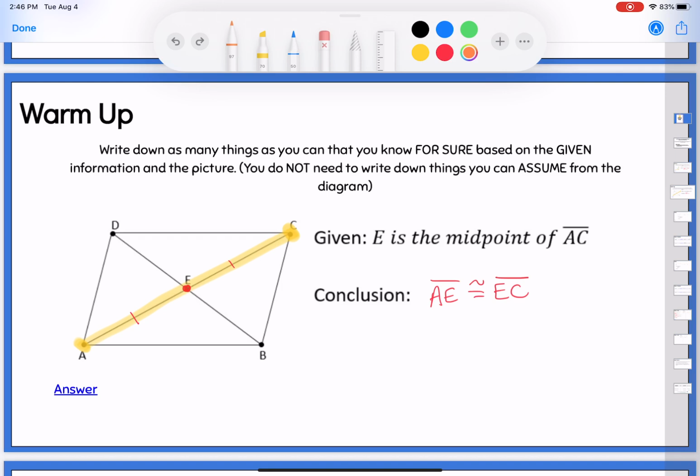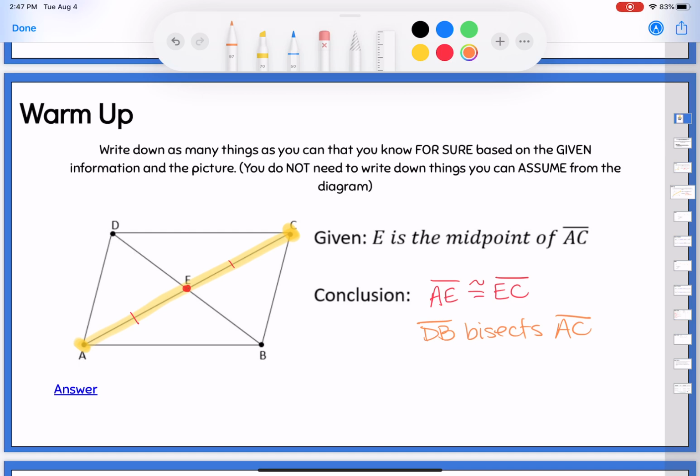So you could say that segment DB bisects segment AC. It's still splitting AC into two congruent parts, but we could say it with bisect instead of just a midpoint. So there would be two conclusions you could draw based off of that given.